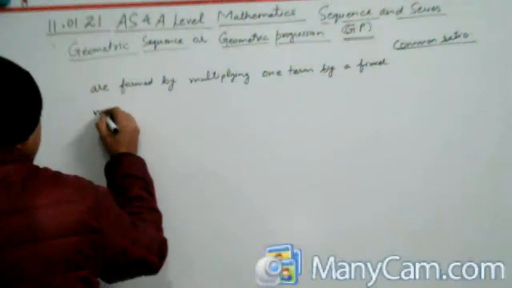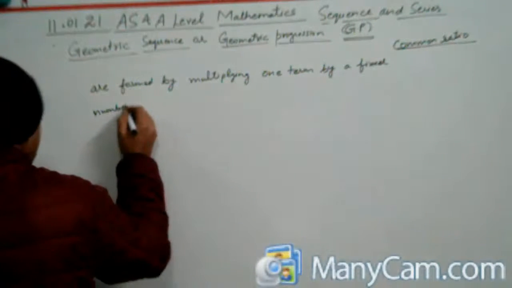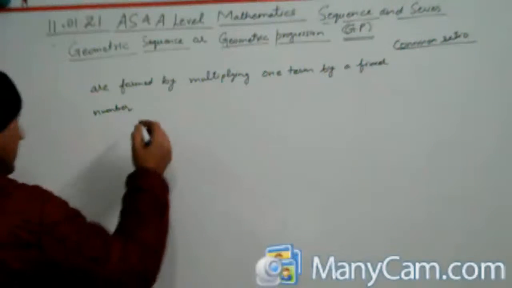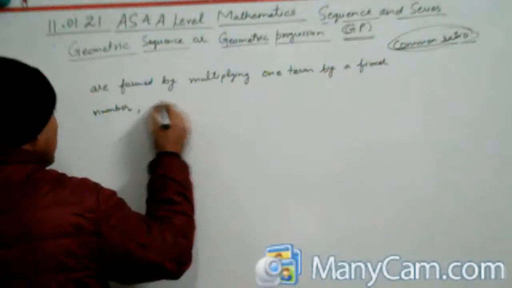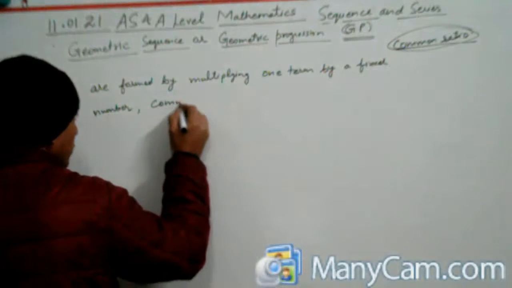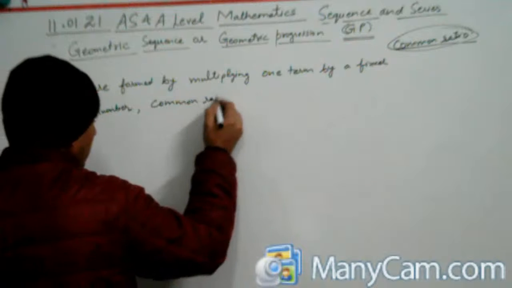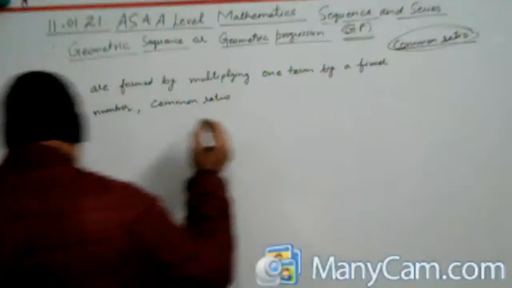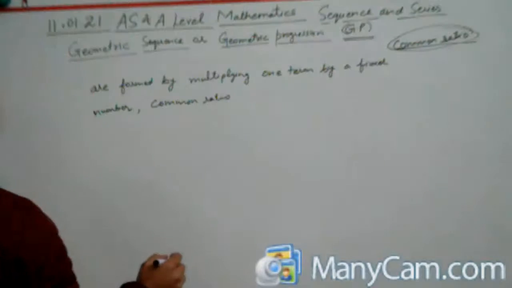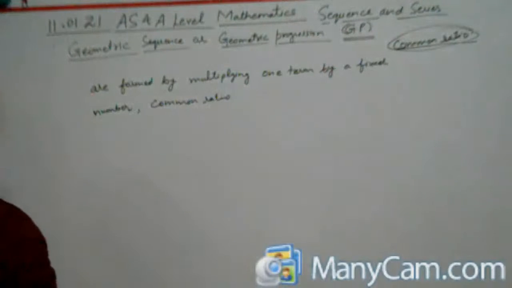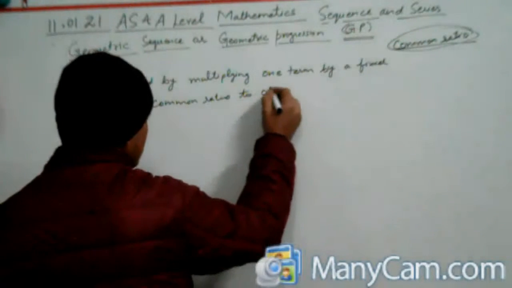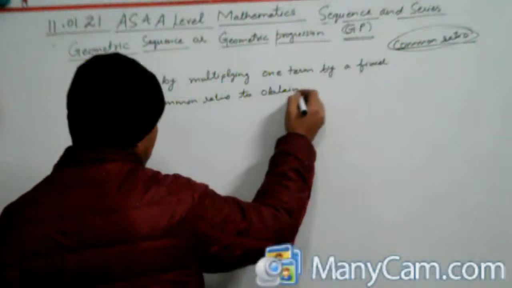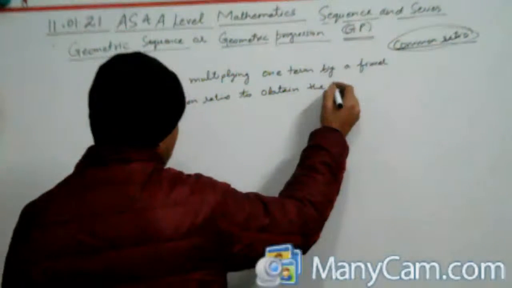That fixed number is the common ratio, to obtain the next term.